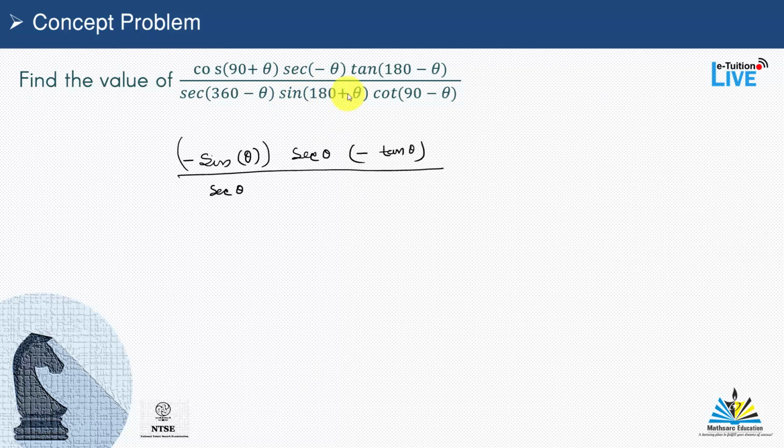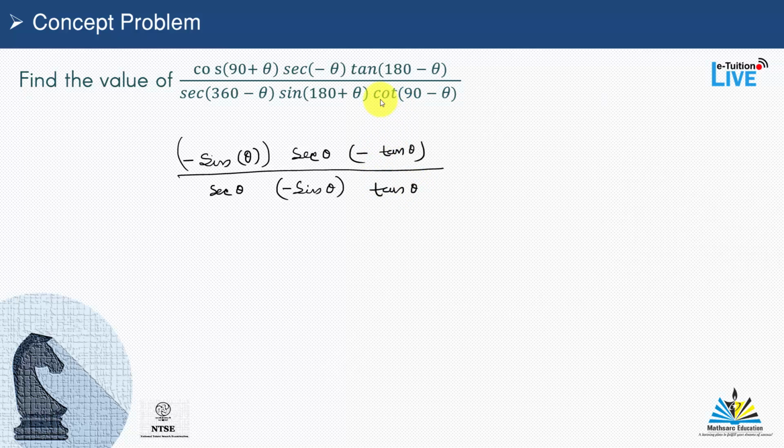Now sine of 180 plus theta. This is a change about the x-axis, so sine will remain sine theta, but 180 plus theta lies in the third quadrant, so sine must be negative, so a minus sign here. Now cot of 90 minus theta is tan theta.